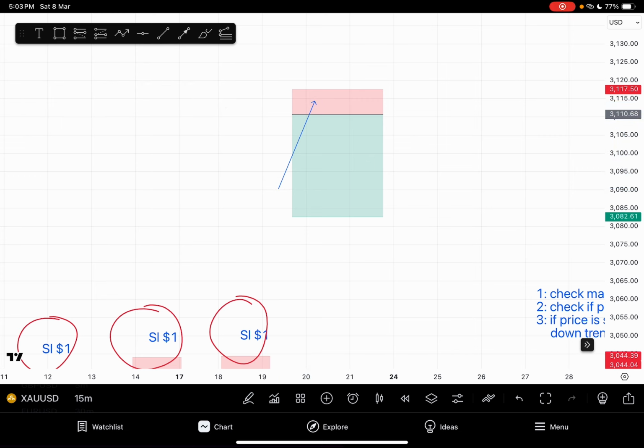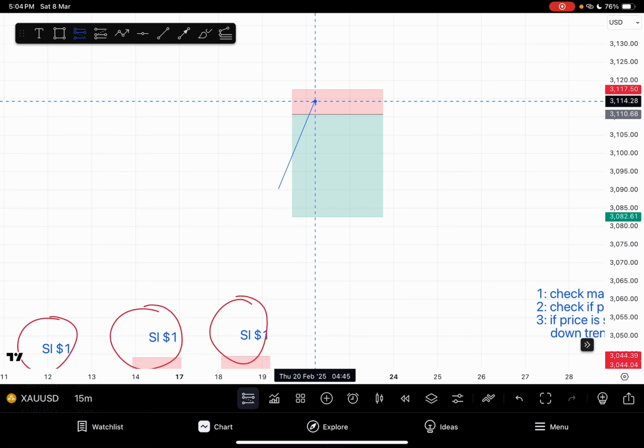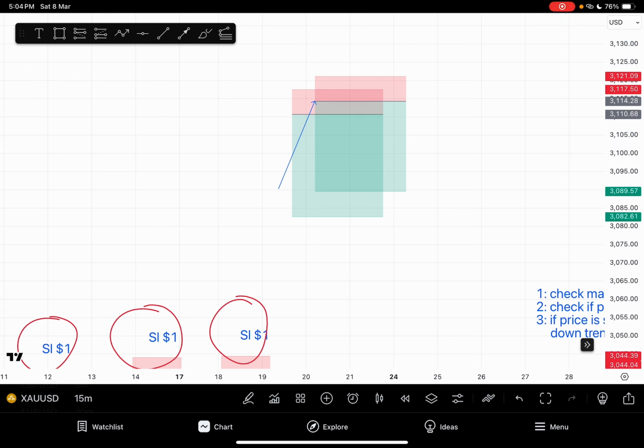Never add more positions to a losing trade. Some people will be like, okay, let me enter for more positions, and they enter another position here again, using another stop loss at that point.